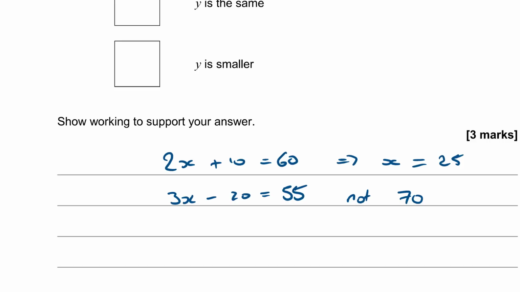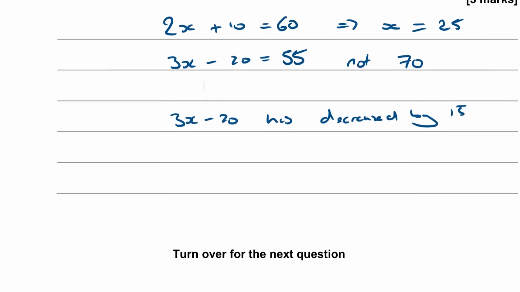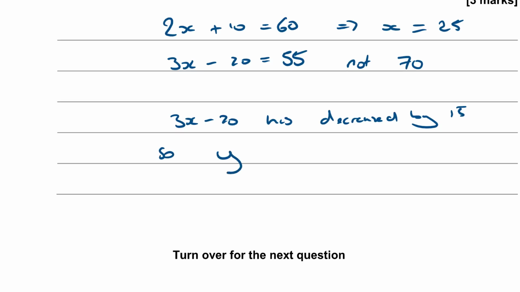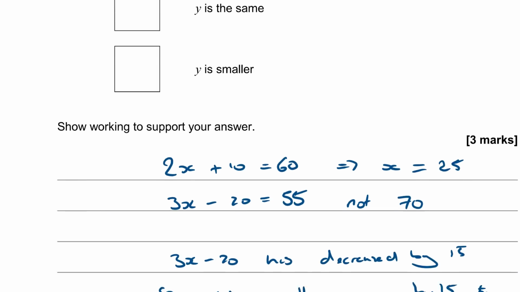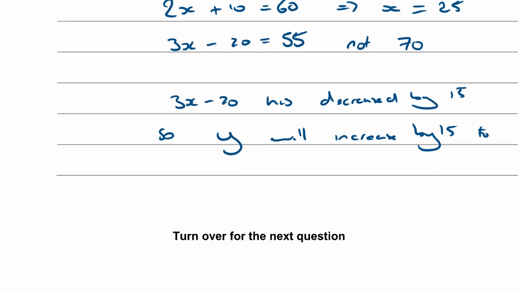So 3x minus 20 has decreased by 15, so y will increase by 15 to 125.